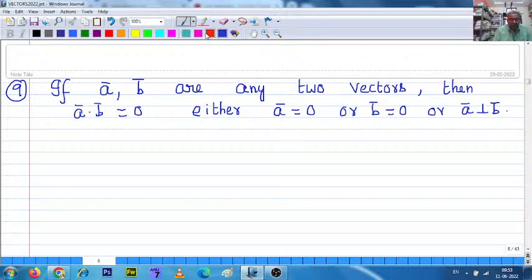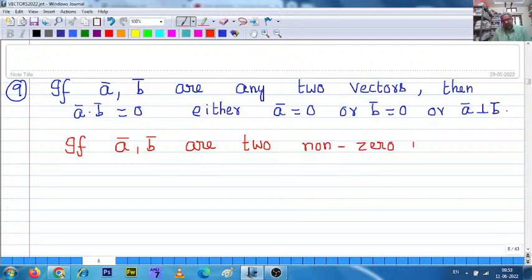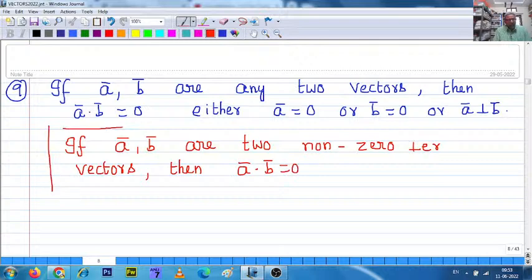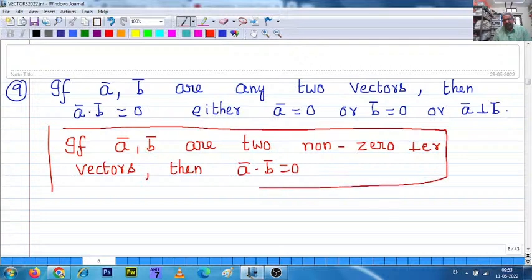And moreover, very important, you remember, if a bar, b bar are two non-zero perpendicular vectors, then a dot b is obviously 0. This specific case you can remember.